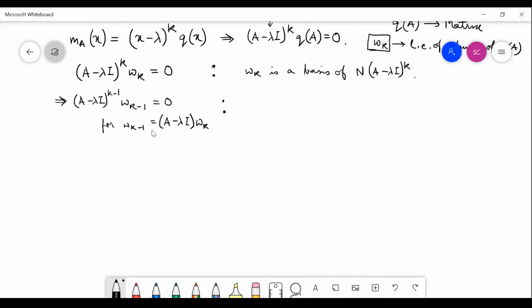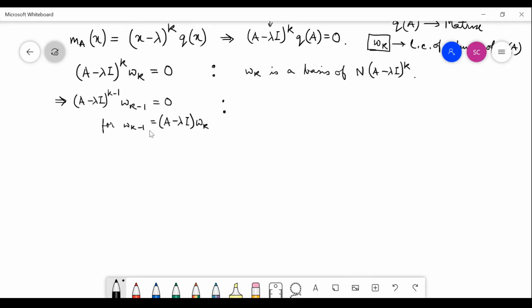So here you can see that this will result in omega k minus 1, which is also a non-zero vector. I hope you get this: since this is omega k, and it is coming from the minimal polynomial, if I multiply omega k with A minus lambda I to any order less than k, that will not give me 0.